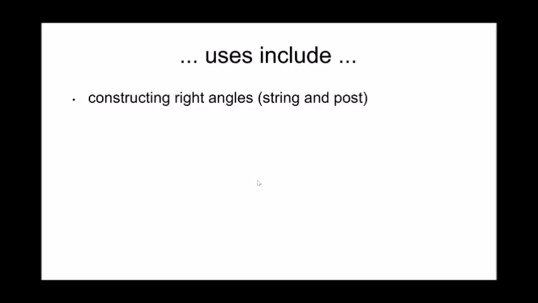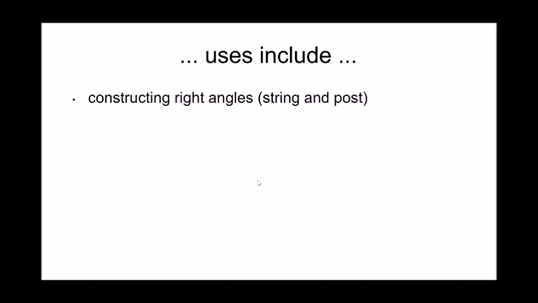Now, the theorem has a number of uses, and historically, it might have been used for constructing right angles, for example, on land to build buildings, walls at right angles, or for building something in a field that needed to be at right angles.